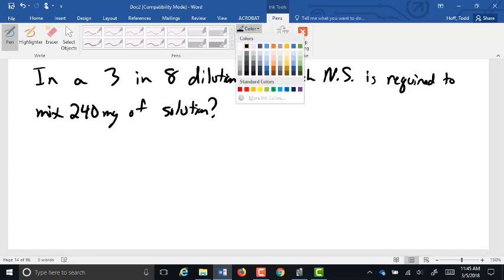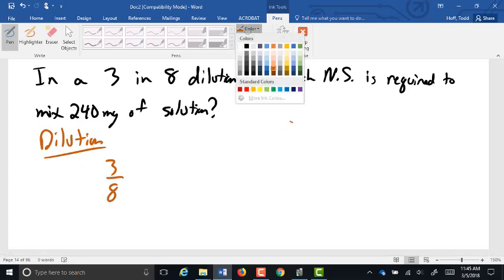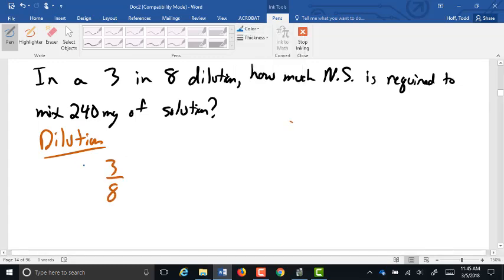This time I didn't say total solution, but it's implied that it is total solution. So we'll start out again and take a look at our dilution. Our dilution is 3 to 8. Of course, the 3 is the serum, and the 8 is the total solution again. And if we look at this, the 240 milligrams is again the total solution.